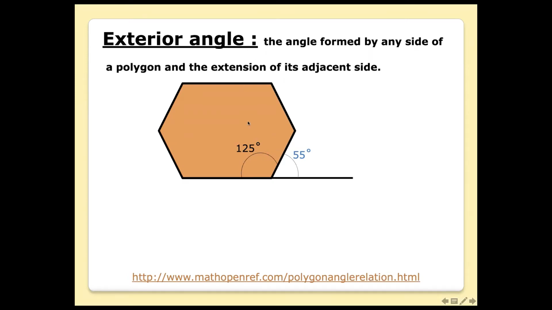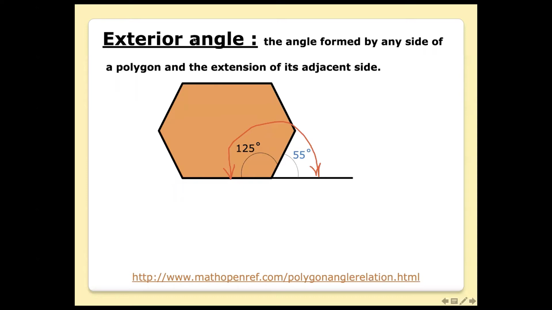We have a very important rule. It tells us that the sum of all exterior angles of a certain polygon equals 360. Okay, so if you want to find the measure of each exterior angle, we have to divide 360 by n.